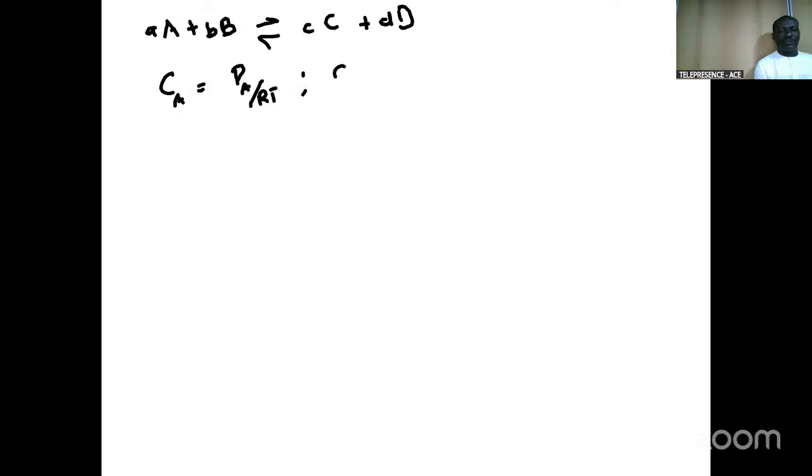Similarly, the concentration of B will be equal to PB over RT. And of course, the concentration of C will be equal to PC over RT. And the concentration of D will be equal to PD over RT.